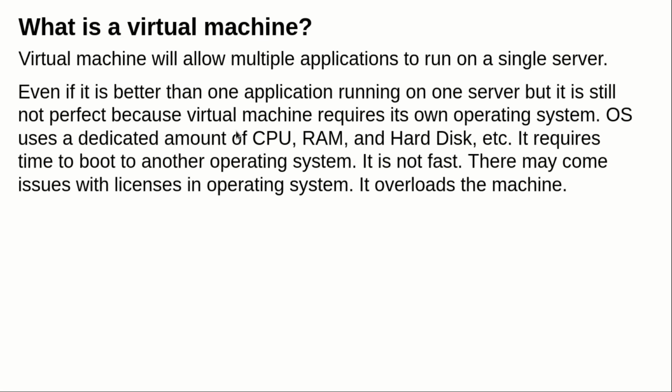Because the virtual machine requires its own operating system. If you have 2 or 3 or 4 virtual machines inside one server, there will be 4 extra operating systems. The operating system uses a dedicated amount of CPU, RAM and hard disk, etc.